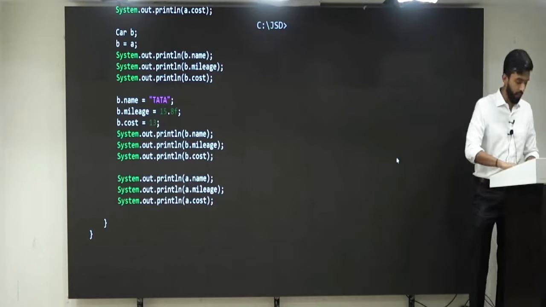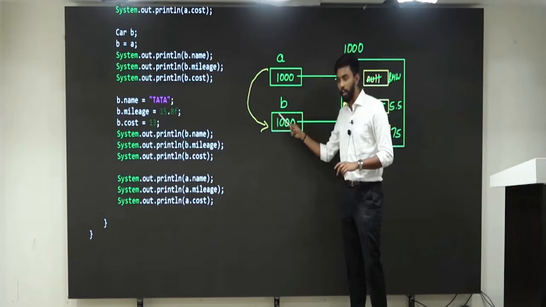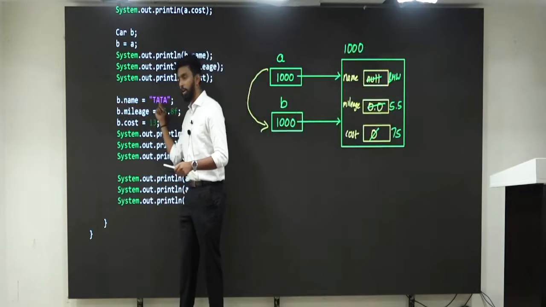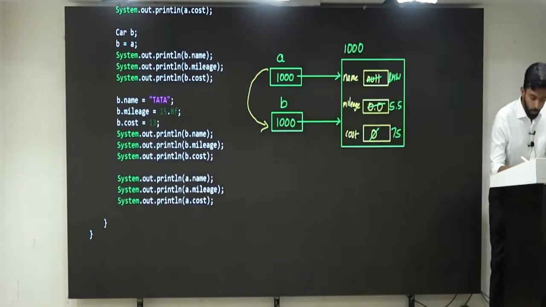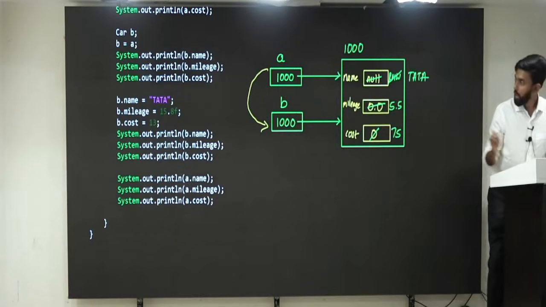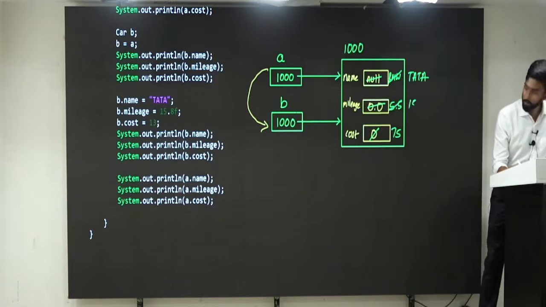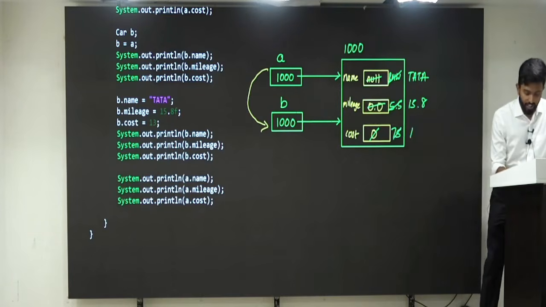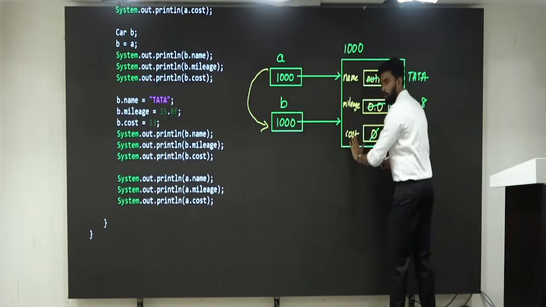My friends, just now I told you, whether you tell A, whether you tell B, it is the same. Now watch it. B dot name equal to Tata. B dot name had BMW, but it can only store one value. So BMW will now become Tata. B dot mileage, you are giving it as 15 point 8. Next, B dot cost, you are giving it as 13. Then you printed B dot name, B dot mileage, B dot cost.